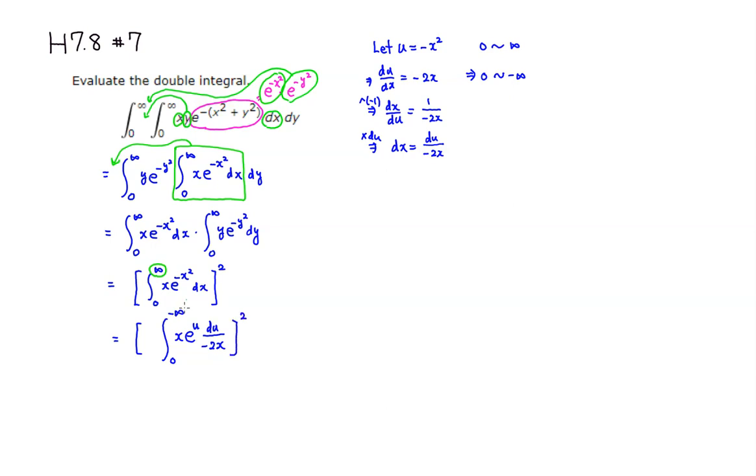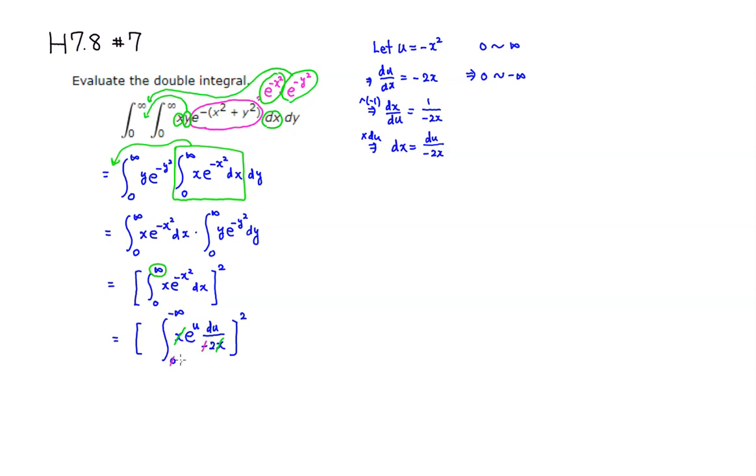Here we can clean up a bit. You have x on top and x on the bottom, so you can cancel those out. One thing we can do is use the negative sign to switch the upper limit and the lower limit, because it looks more natural if you have a negative number on the bottom. So I'm going to use this negative sign, so scratch it.